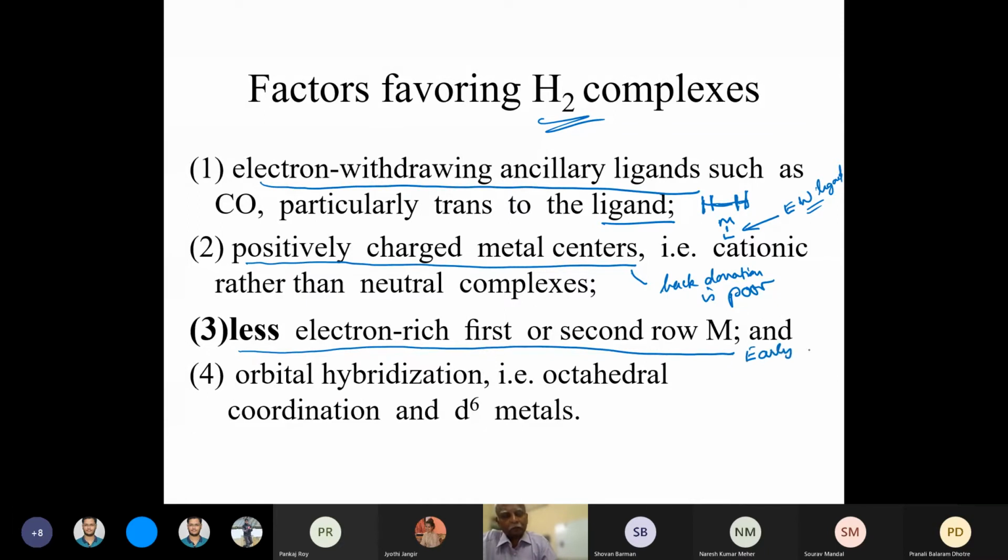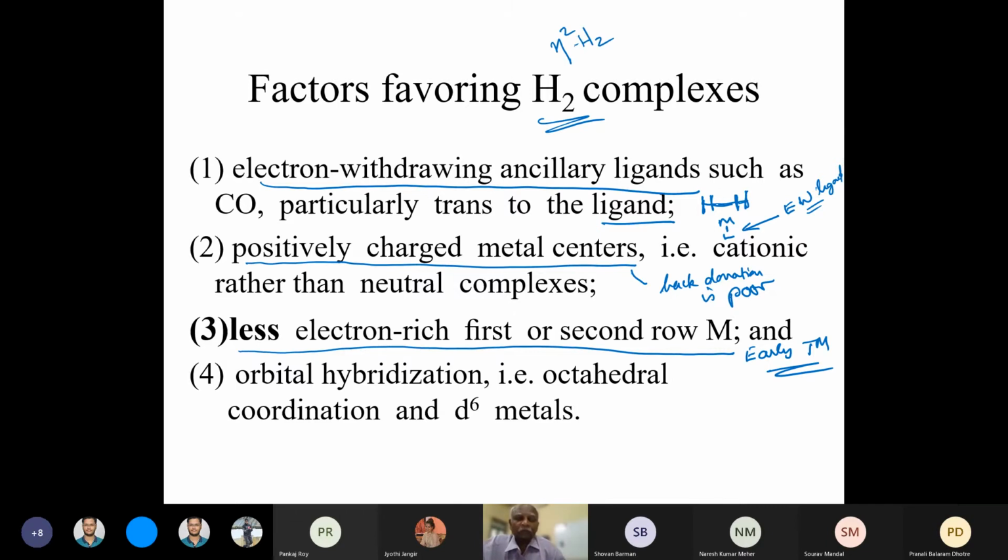Then I would end up with H2. So tungsten is exactly in the right position to balance both MH2 and M eta 2 H2. Okay, so these are factors favoring eta 2 H2 complexes.